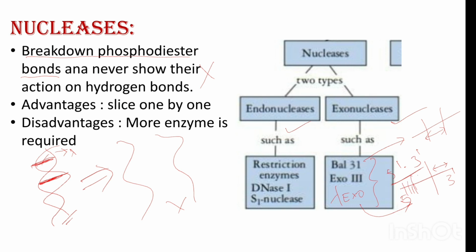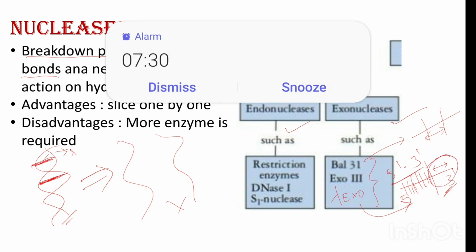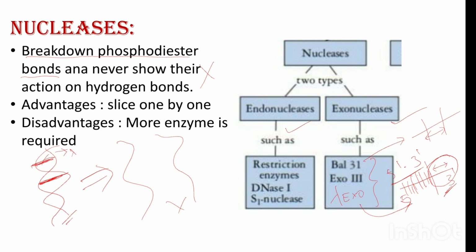It starts chopping like this, and it should stop at our gene of interest because it should not disturb it. Similarly, EXO3 is used in the 3 prime to 5 prime direction, when our gene of interest is present in the 5 prime direction. As its action is from 3 prime to 5 prime, it starts chopping from the 3 prime end and never disturbs our gene of interest. So I think you have got an idea about exonucleases.